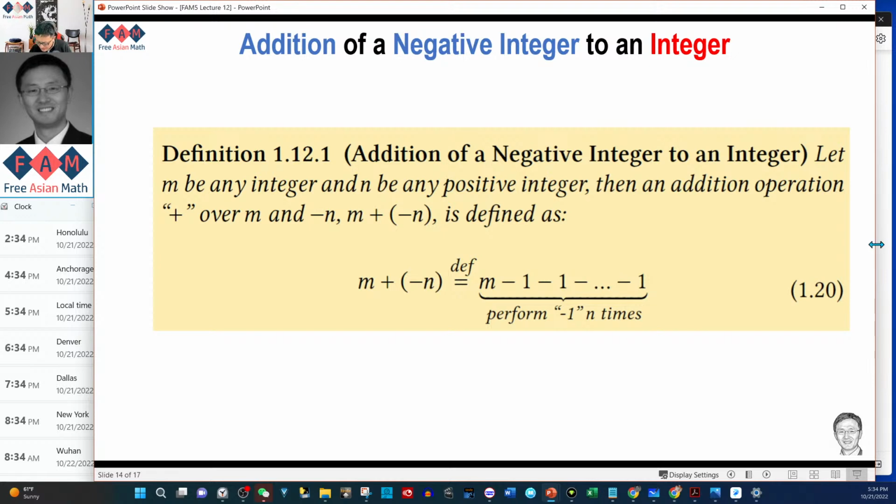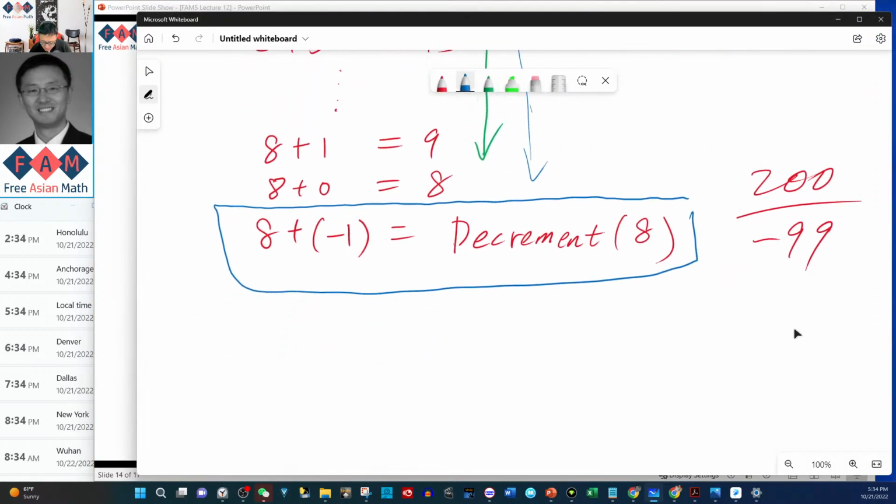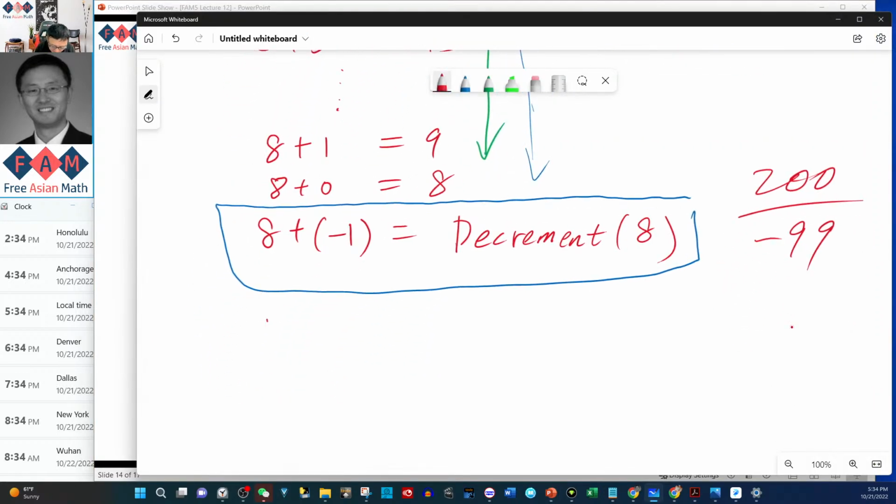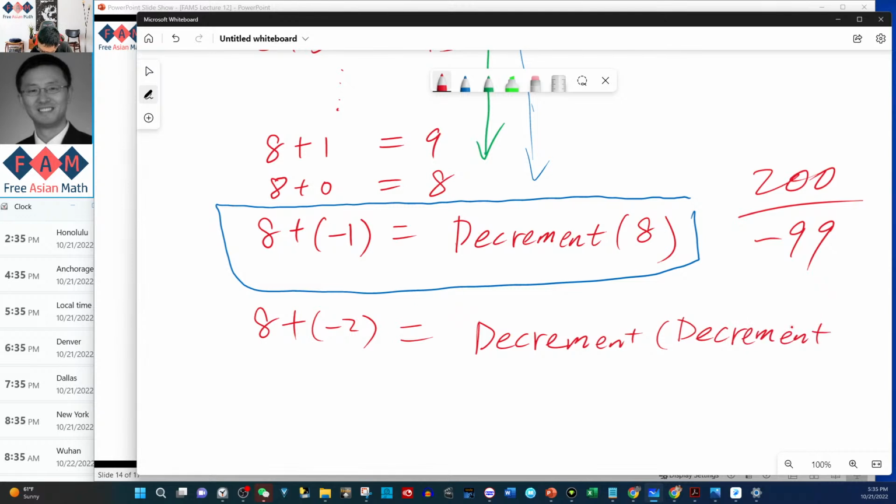Why this definition? That's exactly where we got here. If we continue this, what is m plus -2? It must be a further decrement of a. And this will continue, and this way, we should define this as subtracting 1, subtracting 1, subtracting 1, subtracting 1.